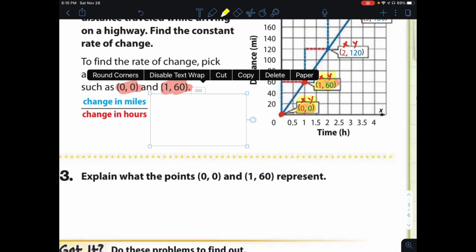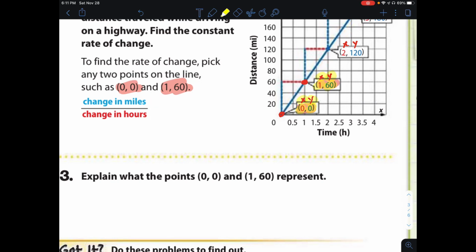So change in miles, because that is our y-axis. This is our y-axis. And change in hours, which is our x-axis. This is our change in y over change in x, which is the same as 60 minus 0, which is our change in miles, over our change in hours, which is also our change in x.